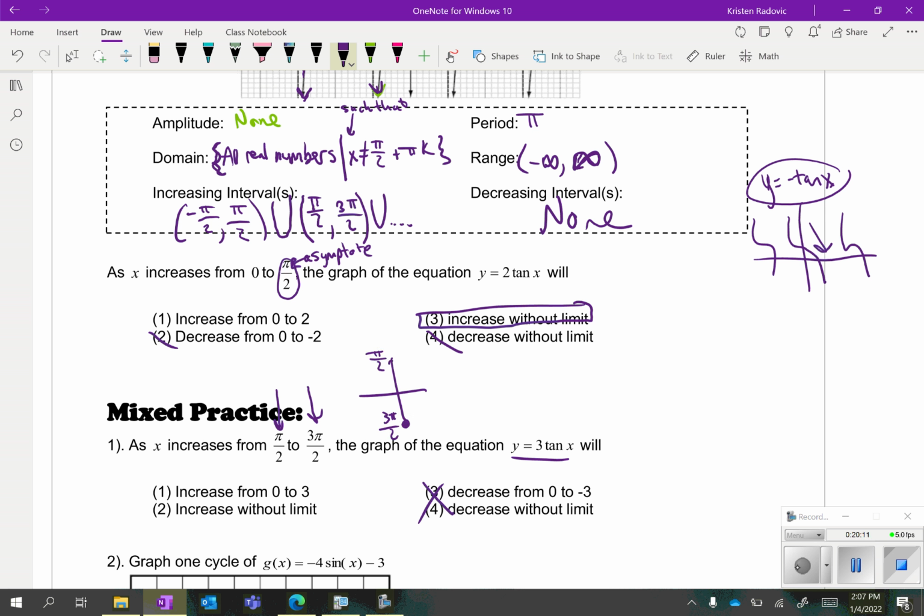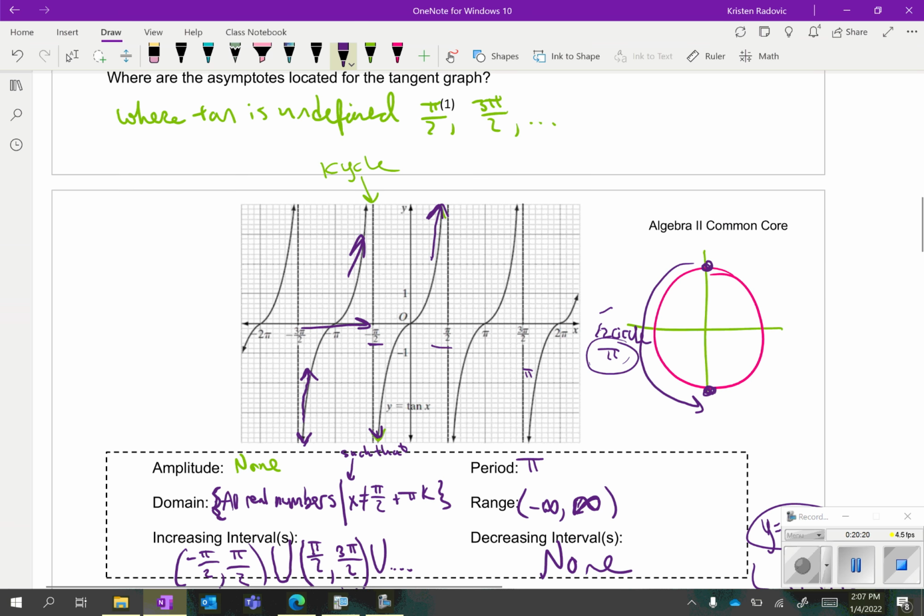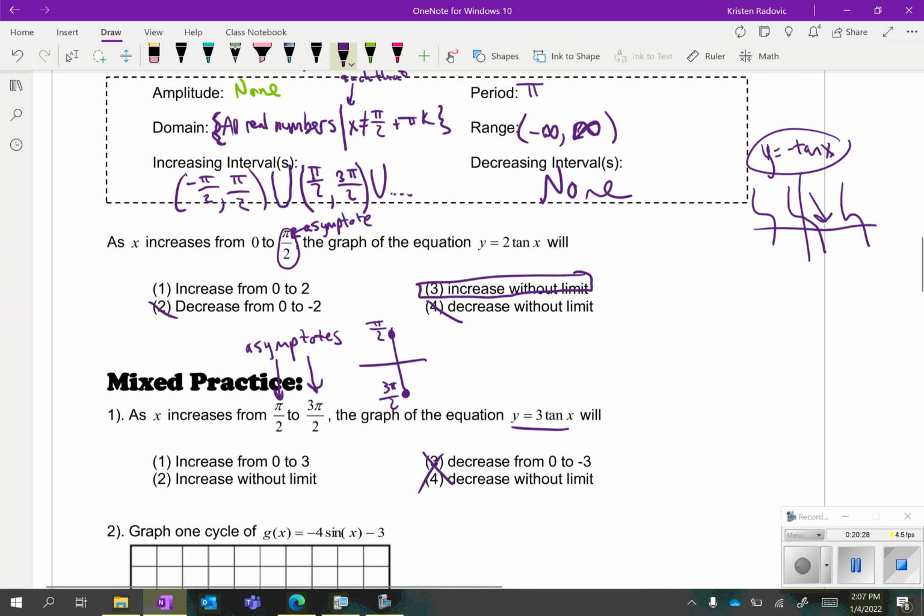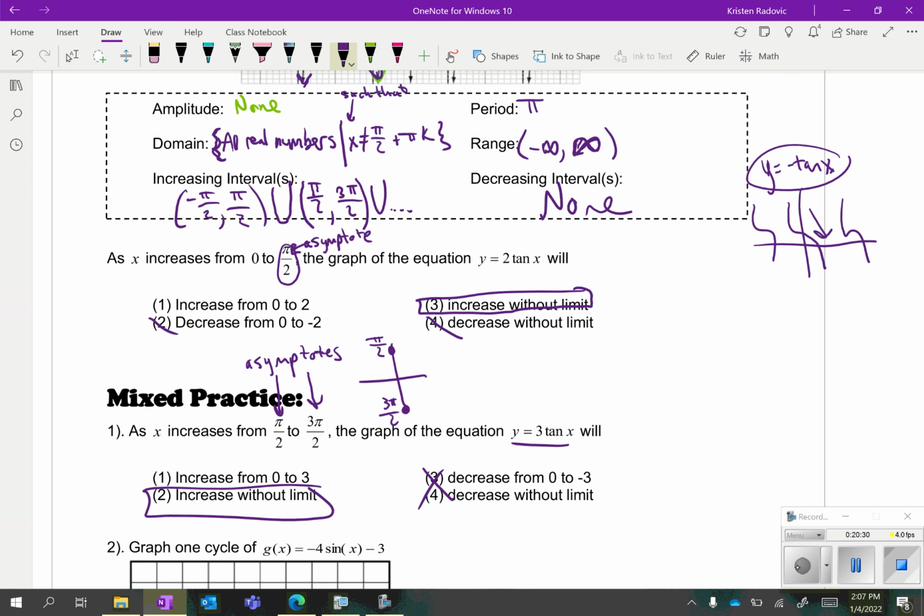Both of these make tangent undefined. So because they are asymptotes, you can even see it up here, from pi over 2 to 3 pi over 2, the graph is increasing. And it's getting super close to the asymptote, which means it is increasing without limit.